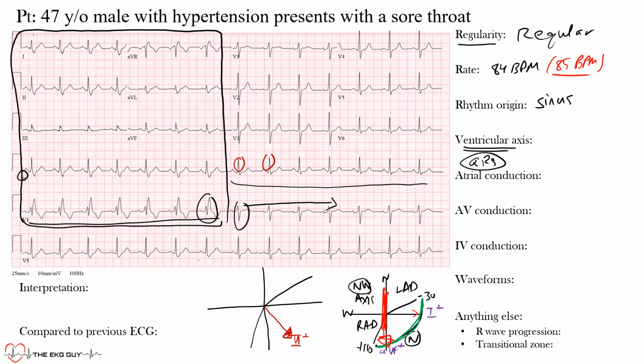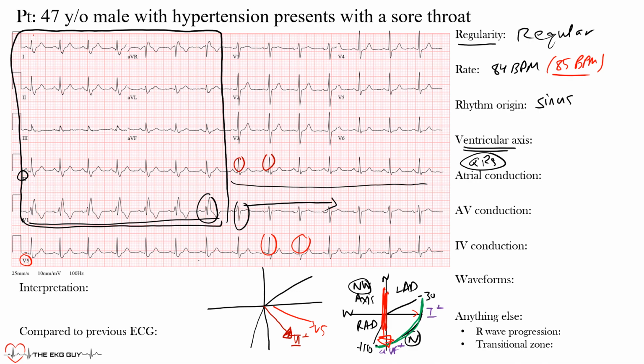So normal limits there. And then if we look at the horizontal plane, which you don't typically do, here's V5. Notice that V5 also has upright complexes in the horizontal plane. This is a little more advanced axis interpretation, but this one is still within normal limits, and it makes it hard because those first 6 beats, or 7 beats actually, are within those limb leads, so you have to look a little bit beyond.